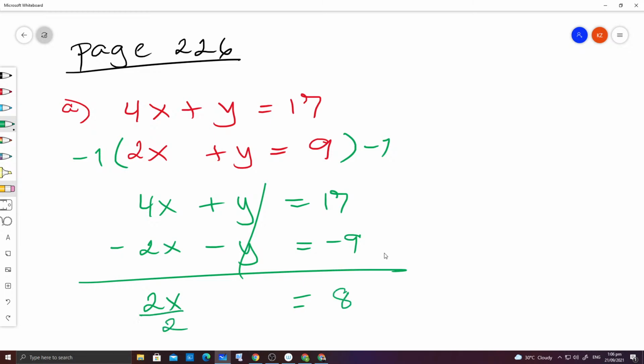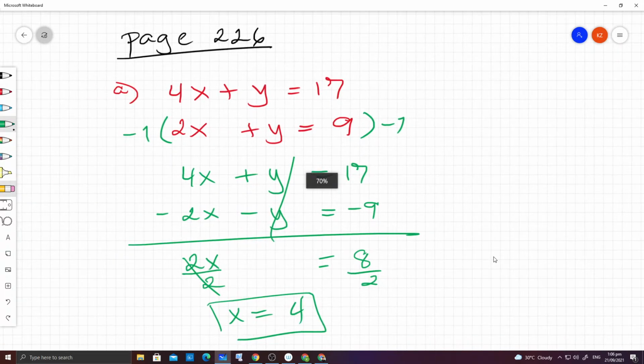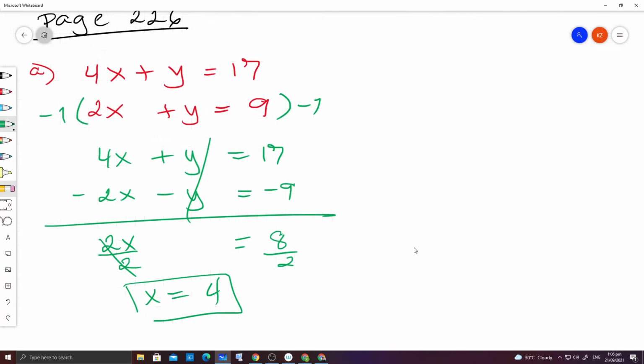Over 2, so x is equal to 4. Now, again, you can choose either equation 1 or 2 to find the value of y. I will choose equation 1.